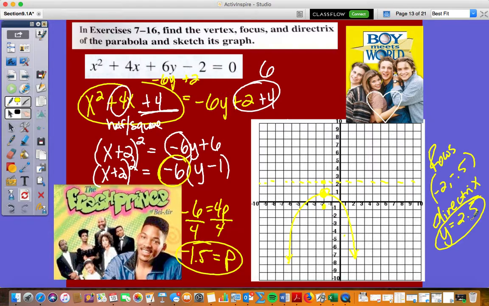Whatever our p is, P is 1.5. We just go straight up 1.5, and then it'll cut across. Our vertex is the negative 2 and 1, right? Correct. You use your p to get your focus and your directrix, because it's equal distance here and here. Cool.